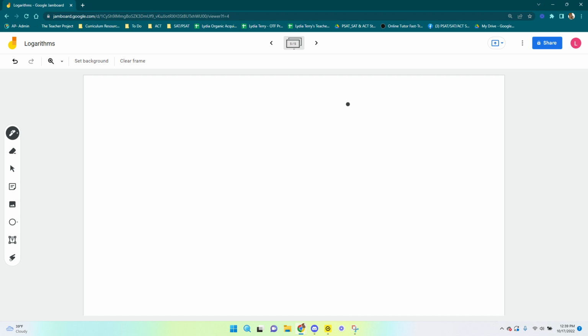Okay, so if you don't have any base written, then it's base 10. If you see ln of something, let's see, ln of, I don't know, 5, this is the natural log. So ln is the same thing as log to the base e, Euler's number, or the growth constant.